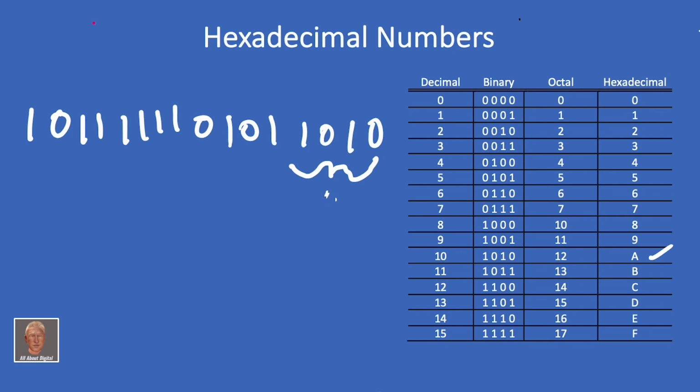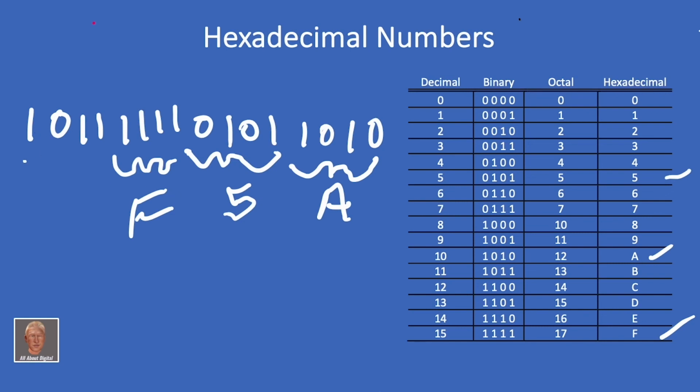That's an A. Let's group the next 4. We have 0101. Let's go to the chart and look for 0101. That's a 5. So let's write down a 5. The next 4 are 1111, and 1111 is an F. And the final one is 1011. 1011 is a B.